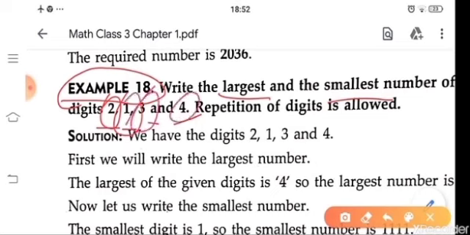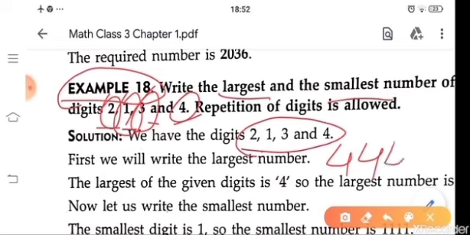So here we are going to make the largest number from these digits. Which one is largest over here? 4. So we can write 4 because it is the largest of all these numbers.